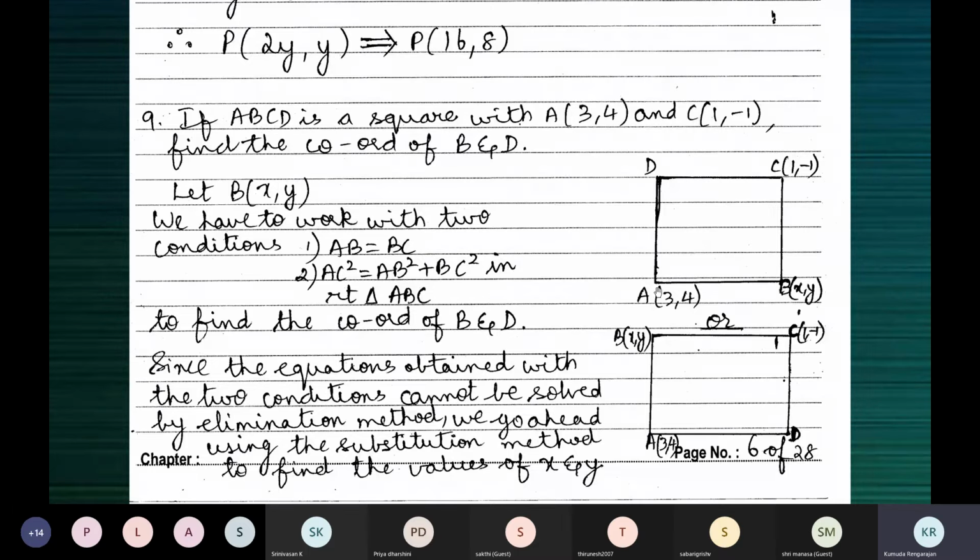You know that AC square is equal to AB square plus BC square because this is a right triangle. On working these two, you will be able to find the coordinates of B. You will get two different coordinates for B. One will be for B, the other will be for D.